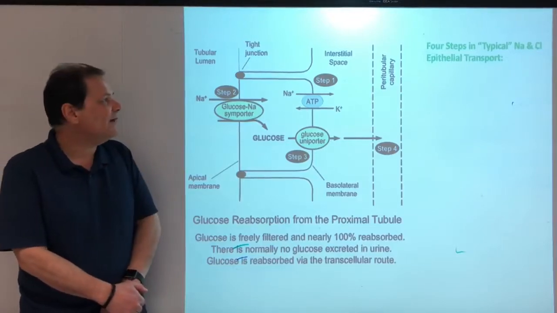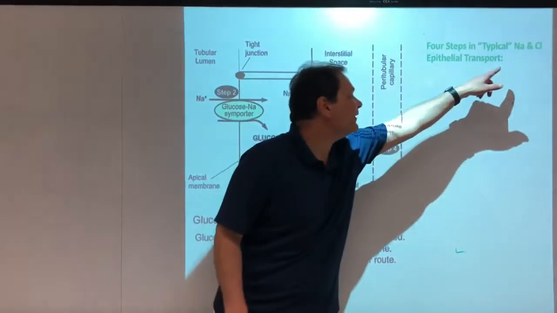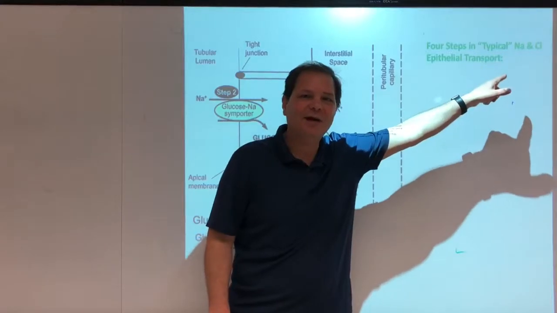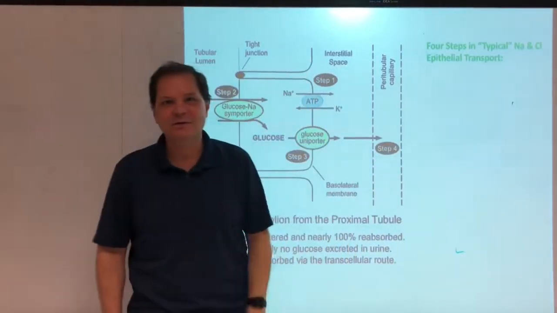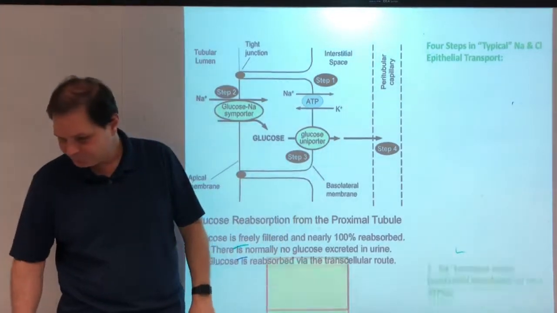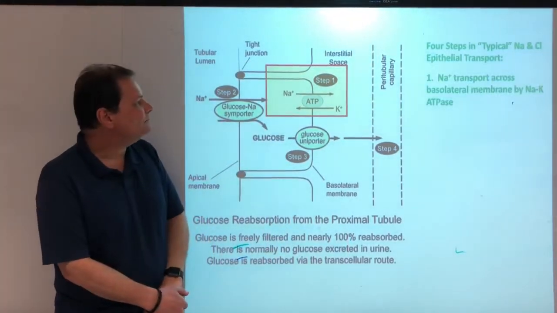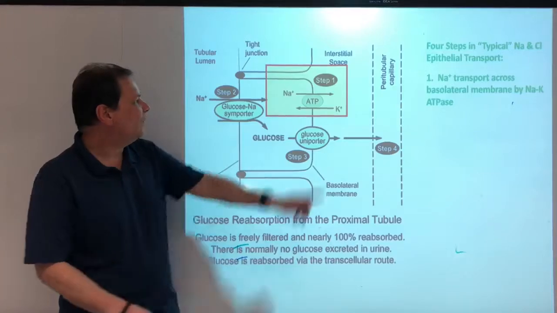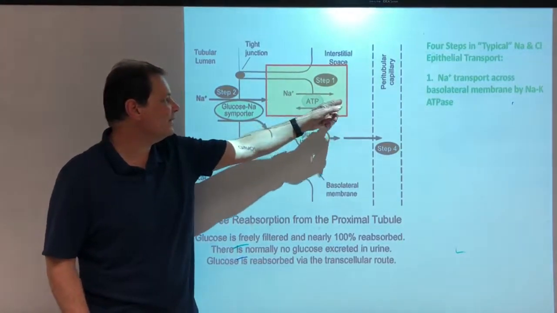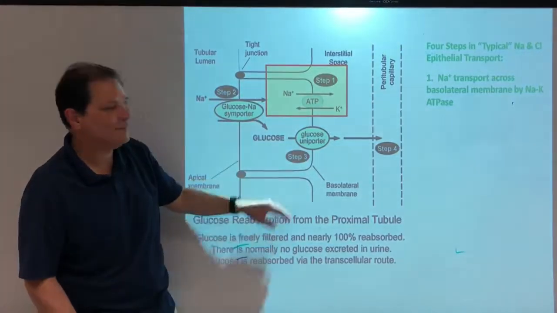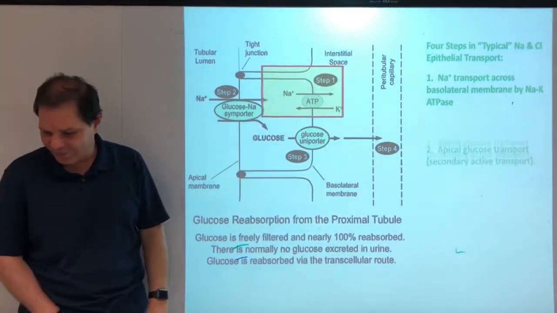So, once again, we have our 4 steps. Please ignore that sodium and chloride. Now we're talking about glucose transport as a variation of that sodium and chloride transport. So we start off with the sodium-potassium ATPase that's transporting sodium out of the cell, keeping the sodium concentration low inside the cell.